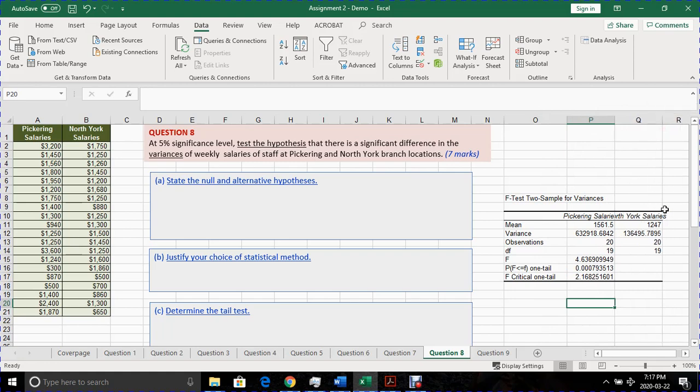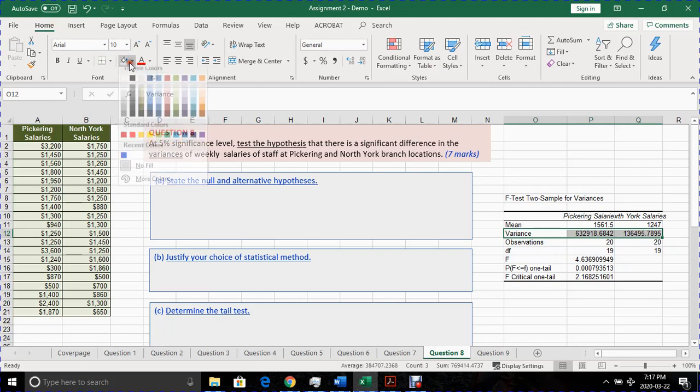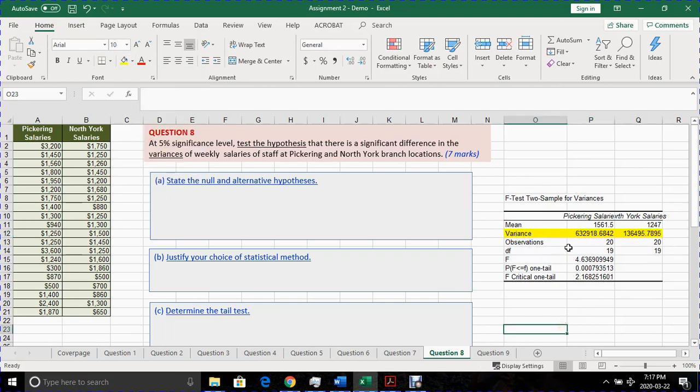So we are being asked, Excel calculates the variances of the 2 columns of information. So we need to know whether these 2 variances are essentially the same or there is a significant difference.